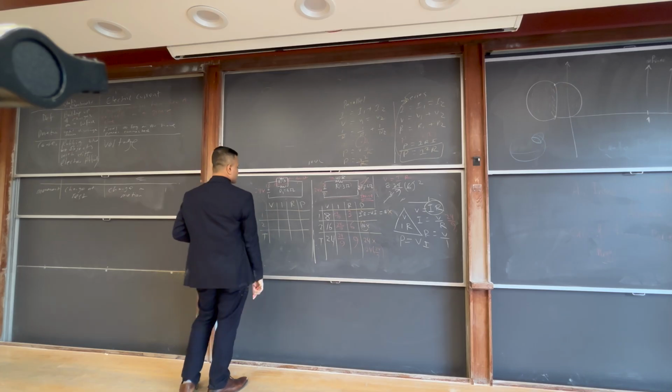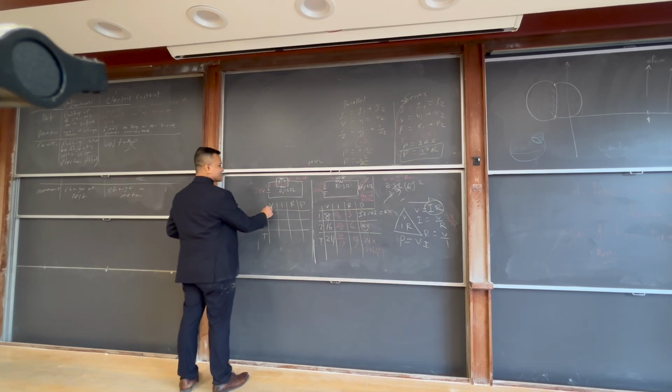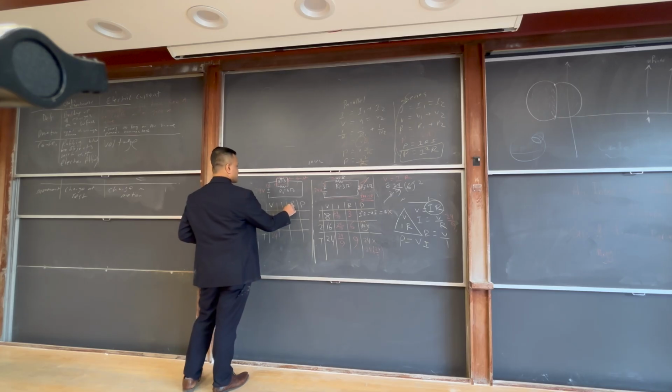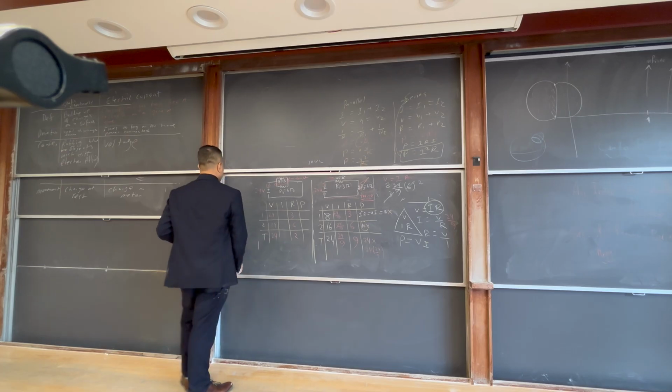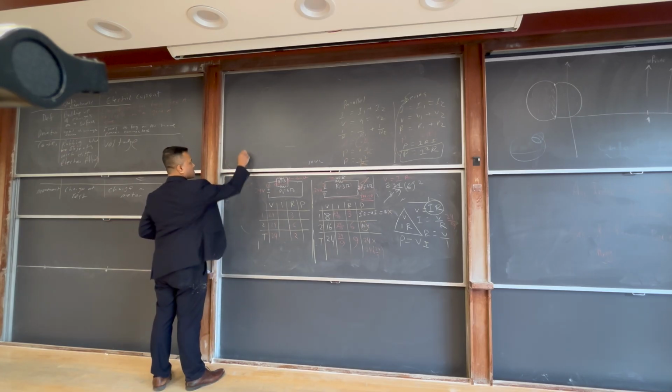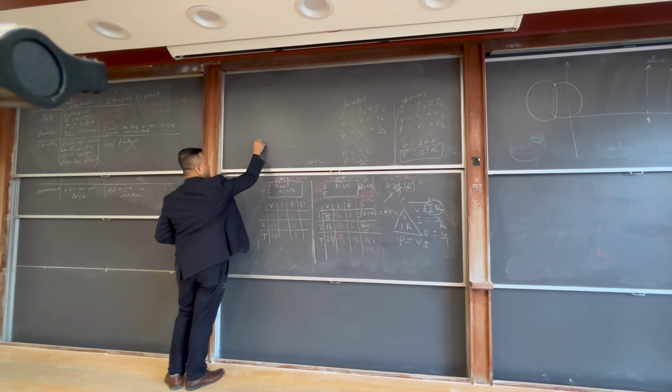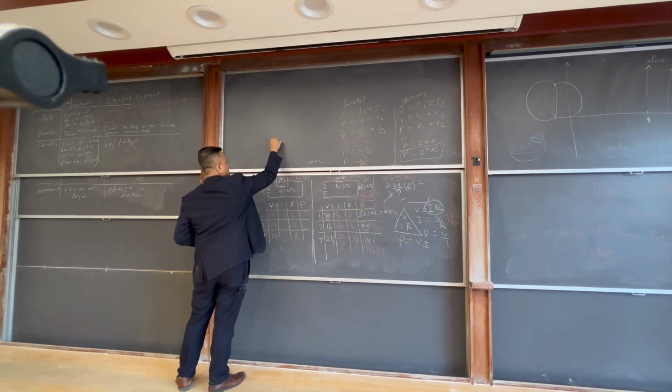So now let's go to the parallel circuit. What is the easiest thing to find? The voltage, 24, because voltage is the same across the circuit. Now we do the resistance. How can 3 and 6 give 2? 1 over R is equal to 1 over R1 plus 1 over R2.